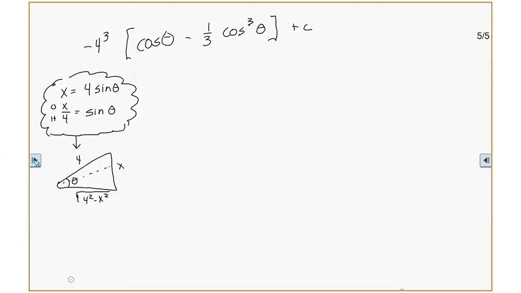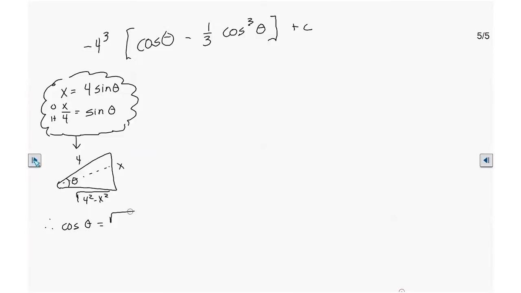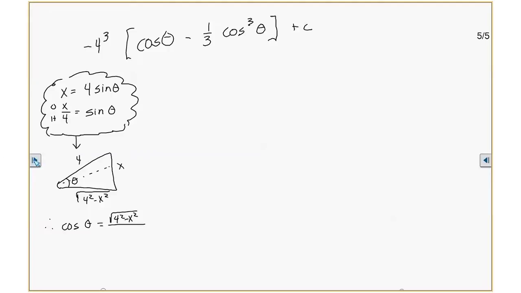So therefore we know that the cosine, what would the cosine of theta be? Cosine of theta, adjacent over hypotenuse, would be the square root of 4 squared minus x squared over what? 4. That would be cosine if you needed it.